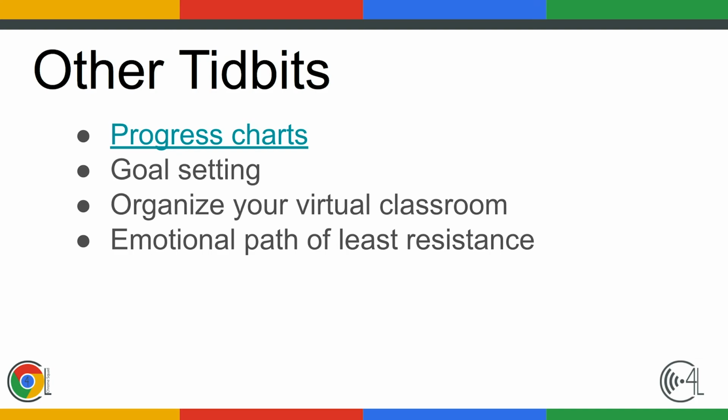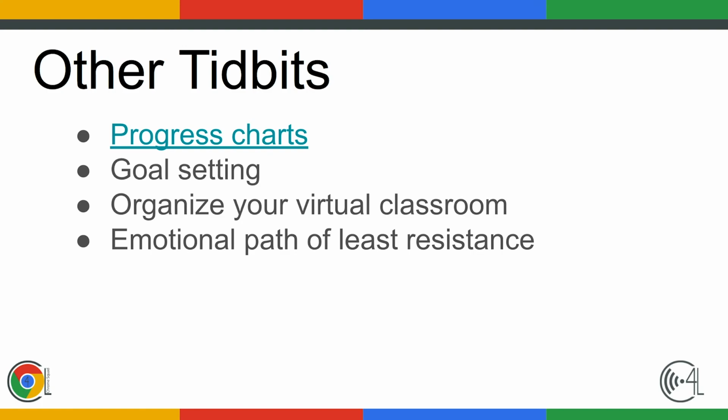Goal setting, we know that research shows that is very, very effective at helping kids learn. That is true of an online environment as well. So I encourage you to continue to use goal setting with your kids, or if not, have them set goals on what they want to accomplish. It could be what grade they want to reach, how quickly they want to get something done, what new things they want to learn, however you want to set that up.